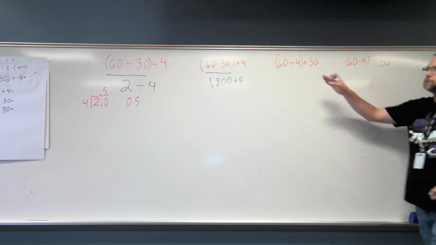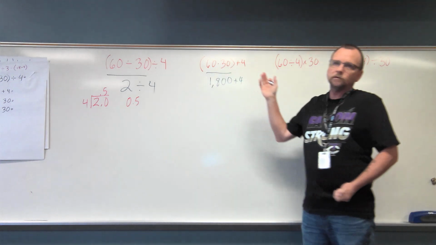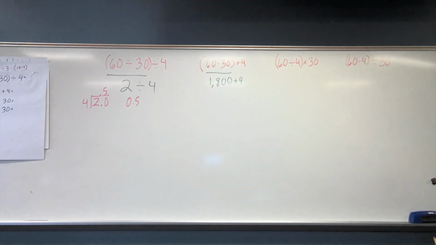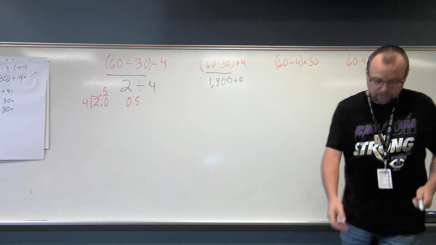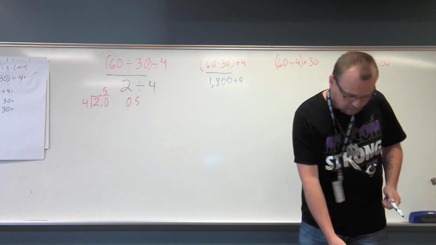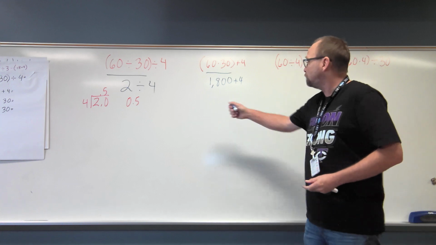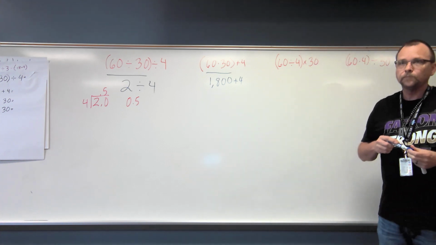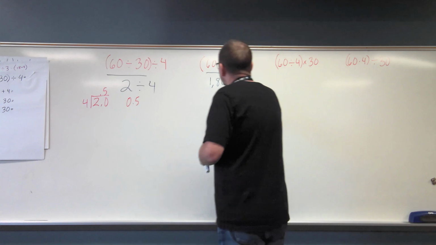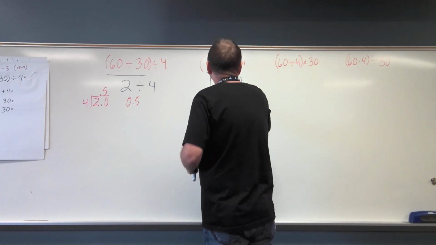Yeah, because if you do 6 times 3 is 18, then add these 2 zeros. All right. Travis, 1,800 plus 4. 1,804.